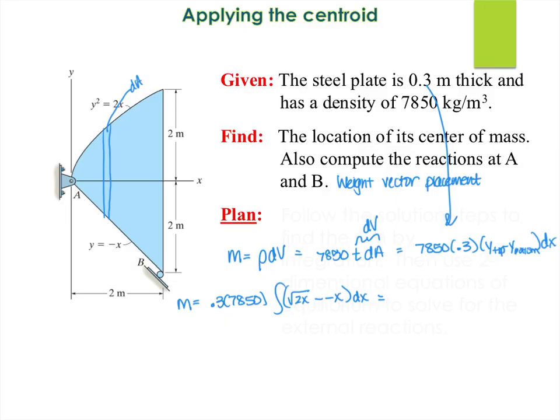So to simplify this, I'm going to just look at the integral. It's going to go from 0 to 2. Square root of 2 times x to the 1/2 plus x dx.